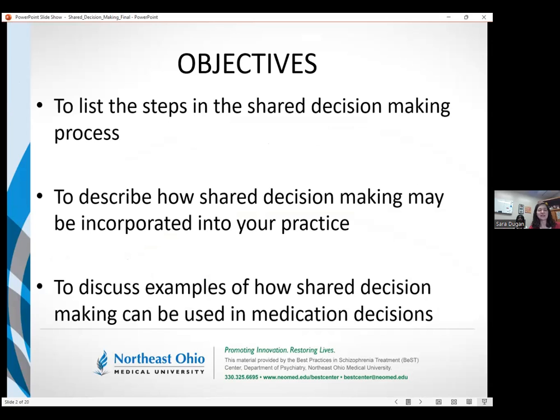And I want to discuss some examples of how shared decision-making can be used with medication decisions. So identifying certain areas where considerations related to medications really could be introduced to help support these patients, their families, and caregivers, as well as their treatment team, because if we're not on the same page, that can be super frustrating.